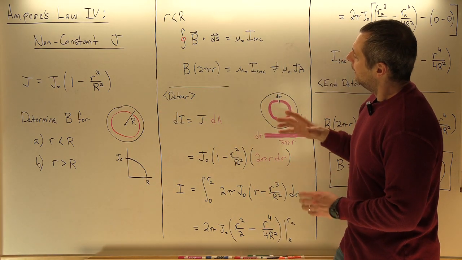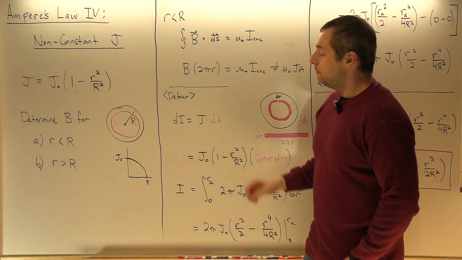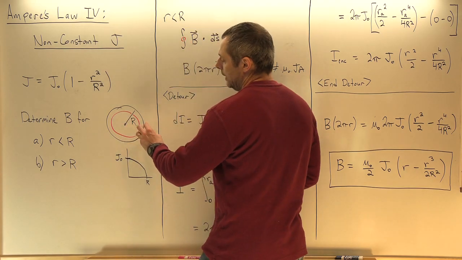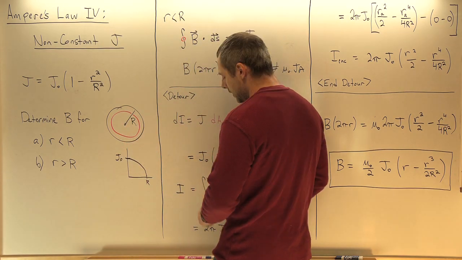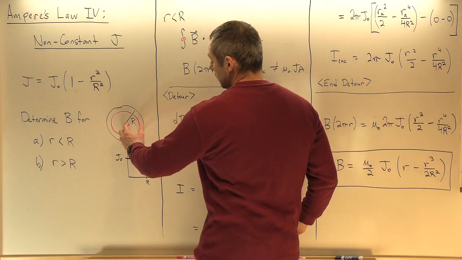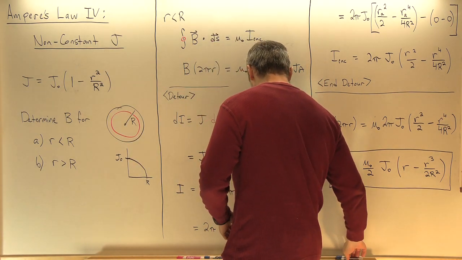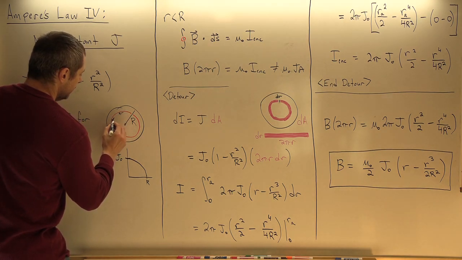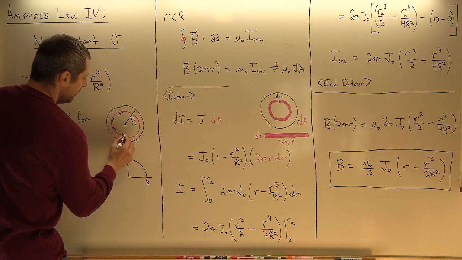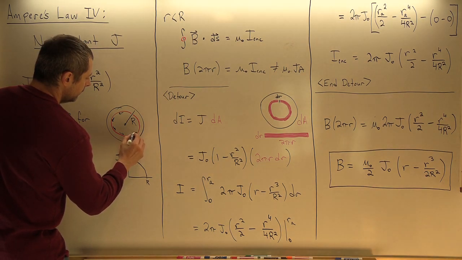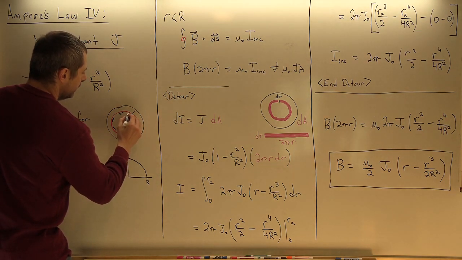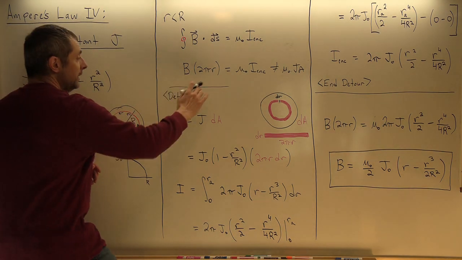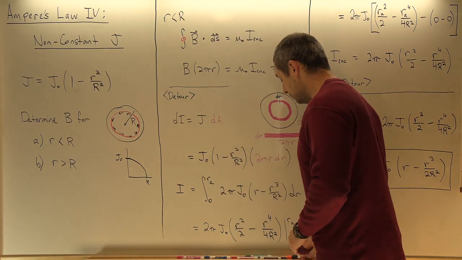The left side is still B times 2 pi r, because even though this current is not constant, it's still radially symmetric, which means that the magnetic field, if the current's coming out of the board, will still be going around along the Amperian loop at a constant value. That's why this integral just becomes B times the circumference of our Amperian loop.